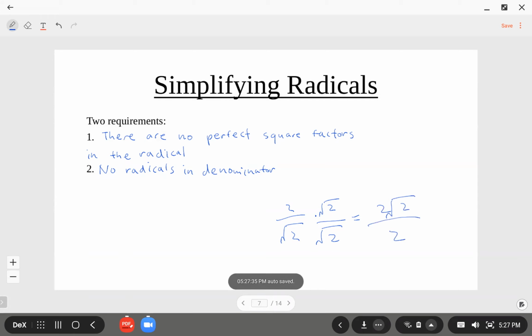That is not simplified yet, because still, what do we have? We can just cancel that out, right? Hold on. No, that didn't make sense. Then that is simplified.